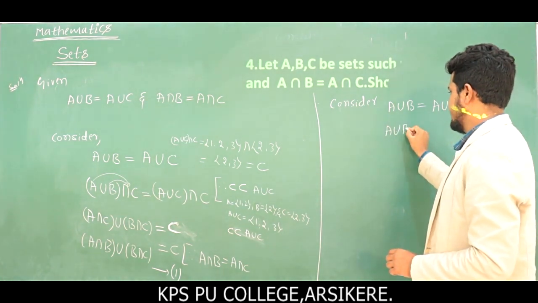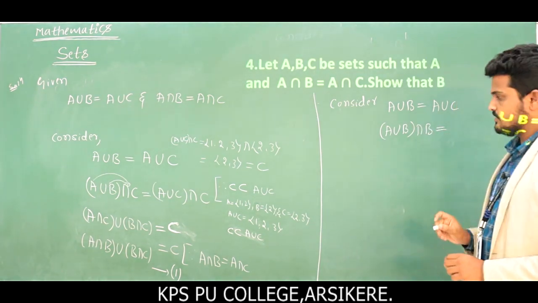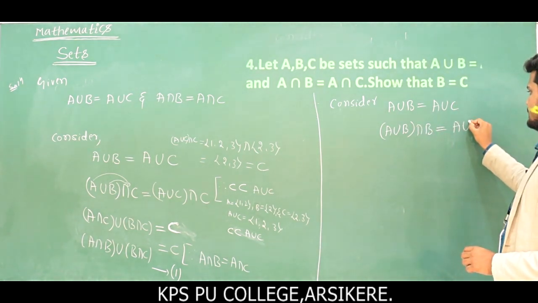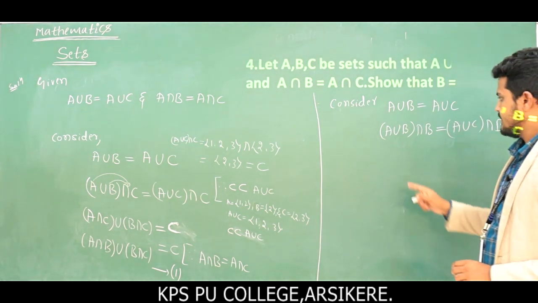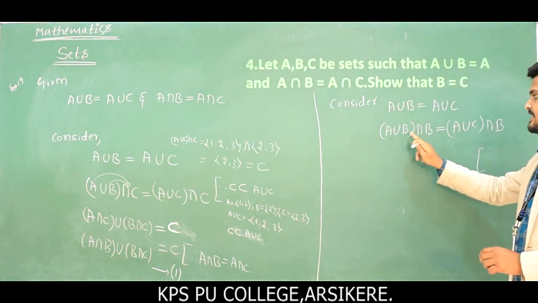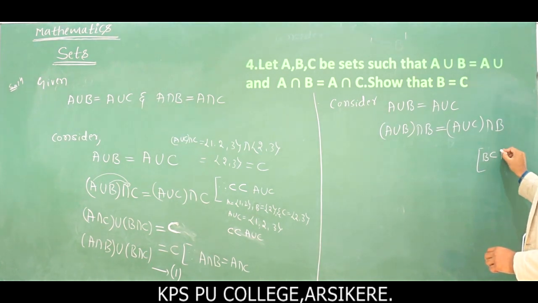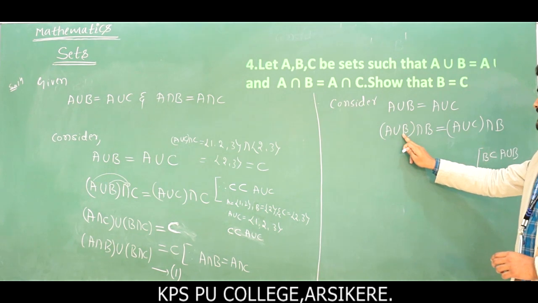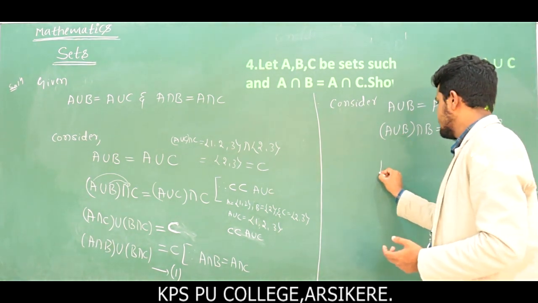So A union B intersection B is equal to A union C intersection B. So again here, A union B. B is a proper subset of what? B is a proper subset of A union B. So what will the A union B value be? It will be B. So B intersection B, again we get B itself.